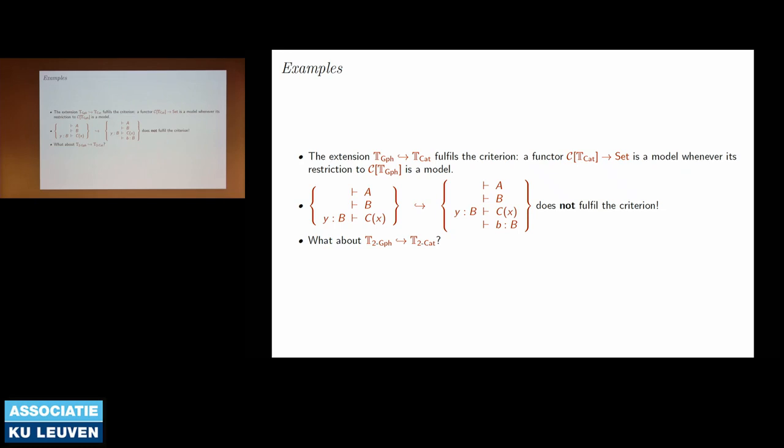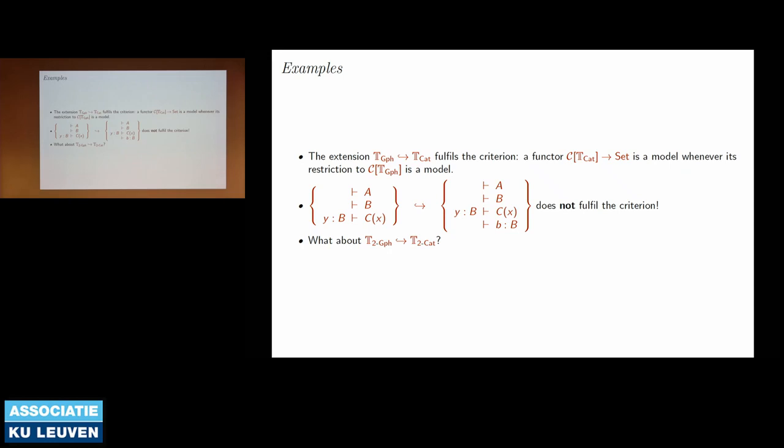So the extension where we go from the theory of graphs to the theory of categories that we had at the beginning fulfills the criterion. That's basically because adding the operations in the theory of categories doesn't add any new substitution instances of sorts, because there are no operations whose codomain is the sort of objects, and the only dependency is on objects.